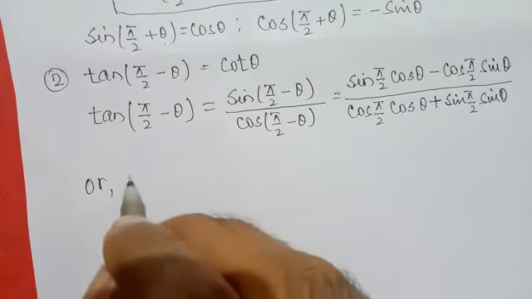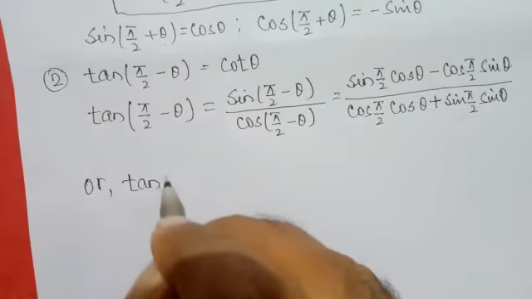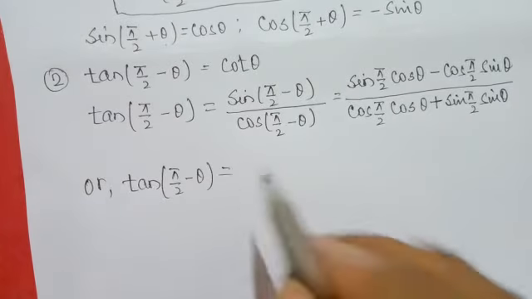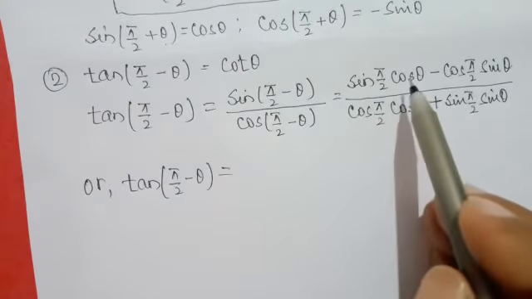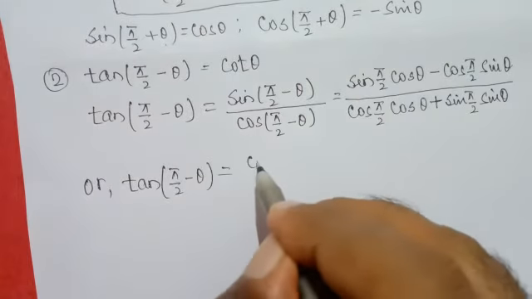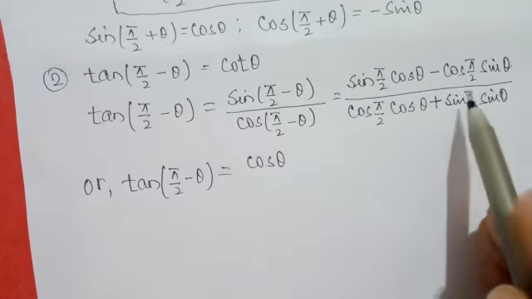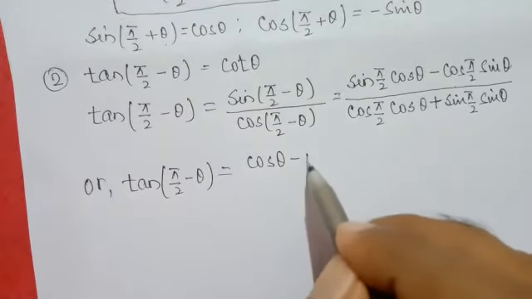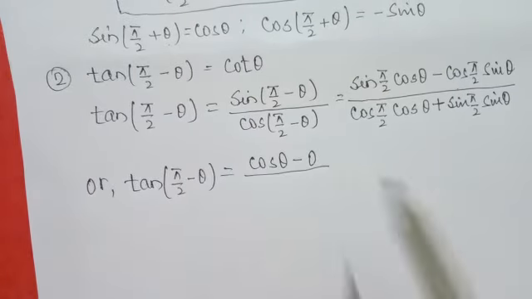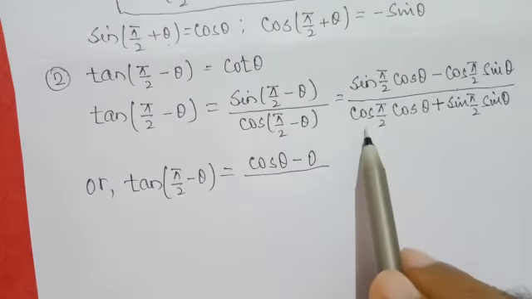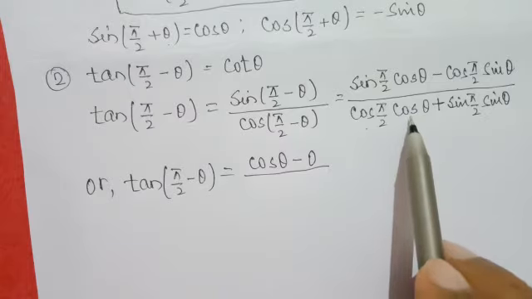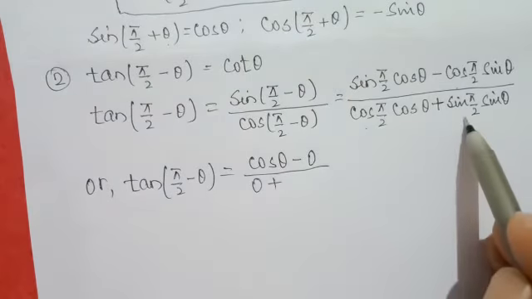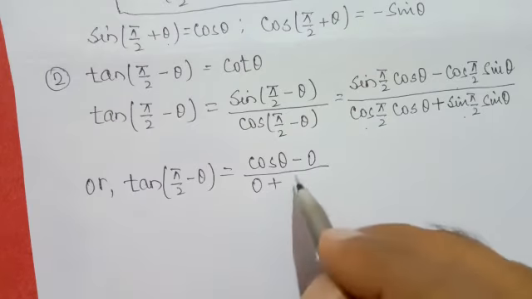So tan pi by 2 minus theta should be written as 1 into cos theta, which is cos theta, minus 0 into sin theta means 0. Similarly, in the denominator, cos 90 degrees, 0 into cos theta, which is 0, plus 1 into sin theta, that is sin theta.